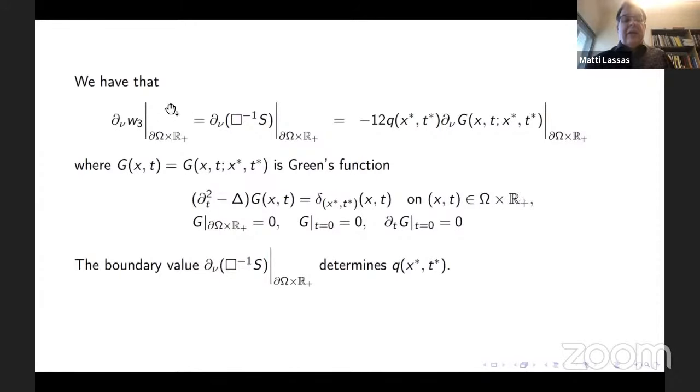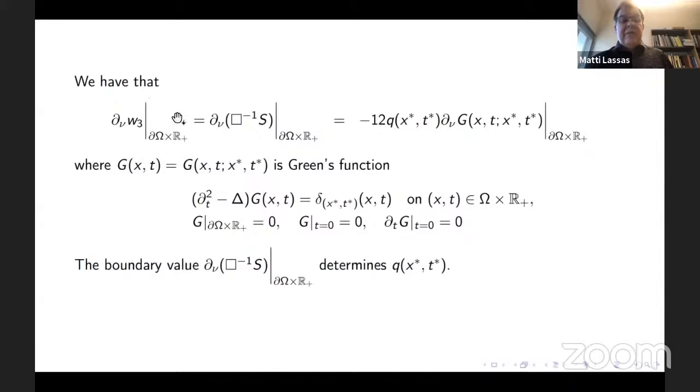Then the quantity that the nonlinear Dirichlet-Neumann map gives to us, the normal derivative of the 3rd order interaction wave, will be constant times q evaluated at this point where the delta distribution is supported times normal derivative of the Green's function. But this normal derivative of the Green's function has nothing to do with q. It's just a solution of a linear problem in domain omega. So we know what it is.